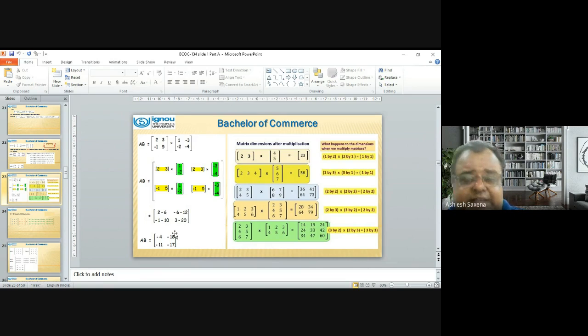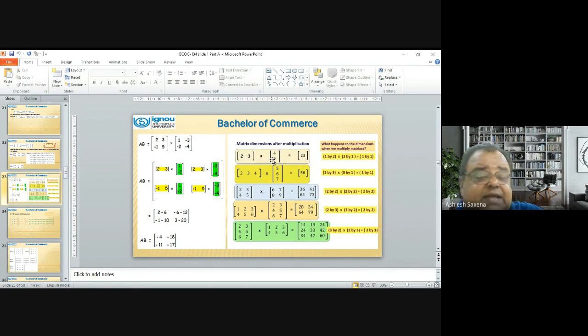Now we will see how the multiplication of different orders is done, and how we get the answer without multiplying the two matrices. Here you see there are 5 problems. We are simply multiplying. This is a matrix of order 1 by 2: 1 row, 2 columns.